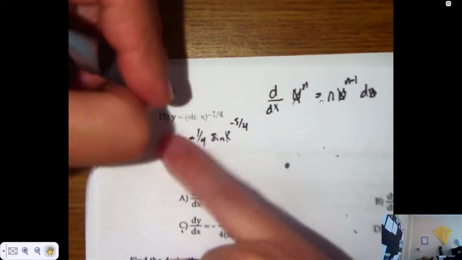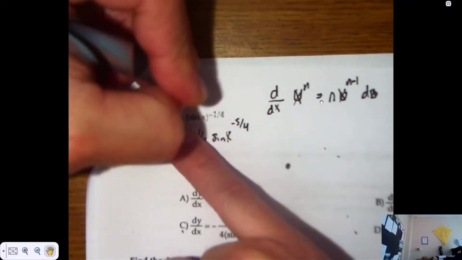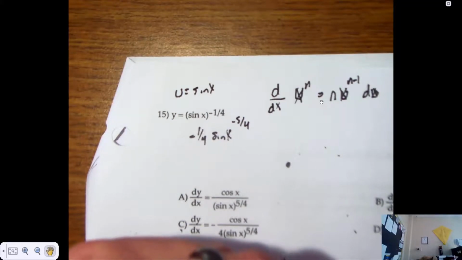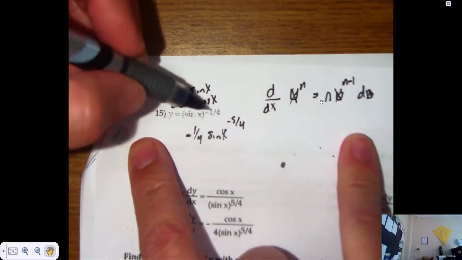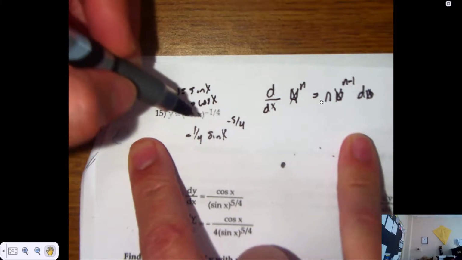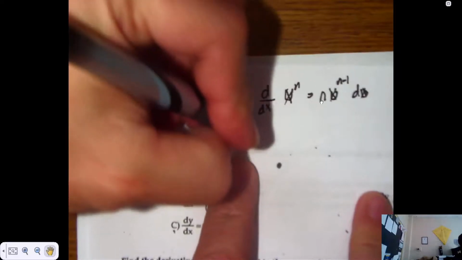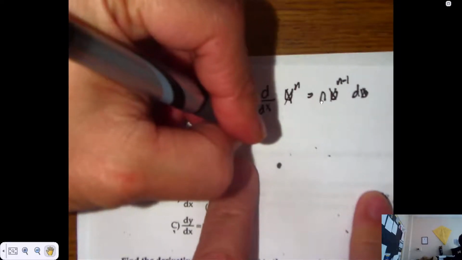The u value here is sine of x. What's the derivative of sine? Cosine. So we also have to include that derivative. If the argument of an exponent is complex, you have to take its derivative. Plain and simple. It's the chain rule. Then we have cosine of x.